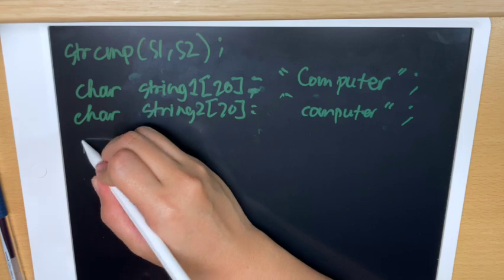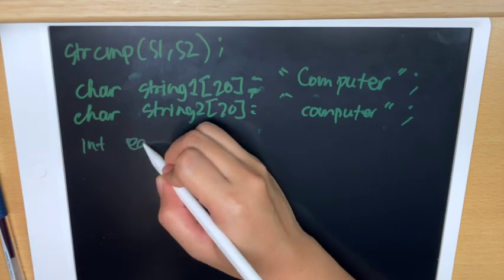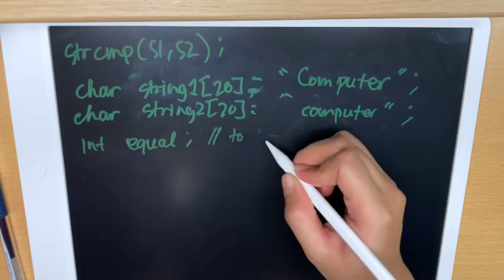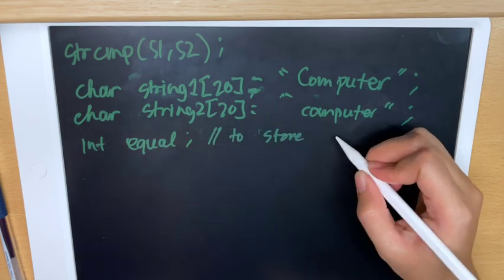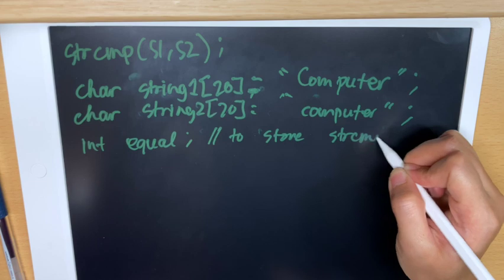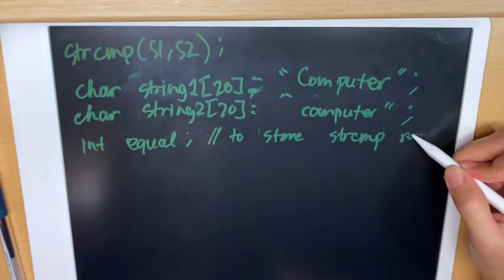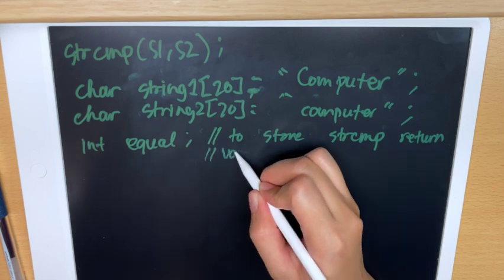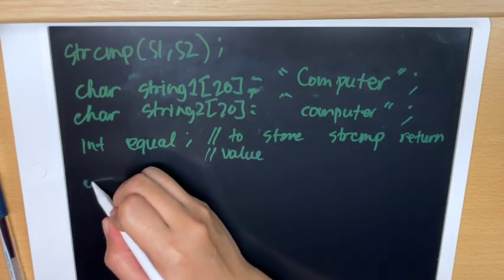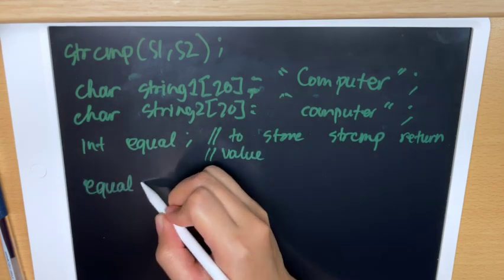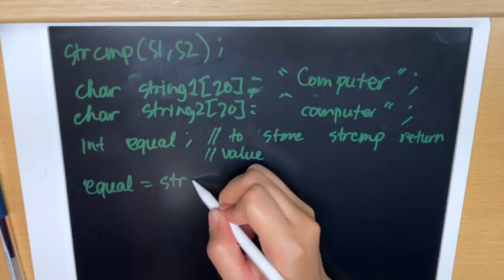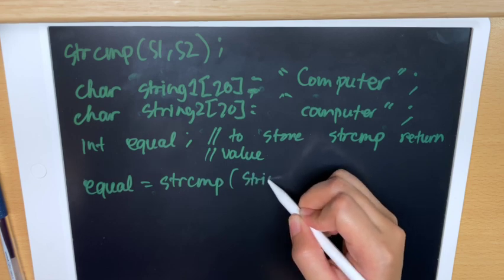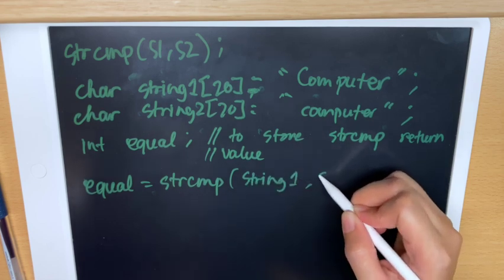So we can create another variable which is equal, to store the string compare return value. Here equal would be string compare of string 1 and string 2.